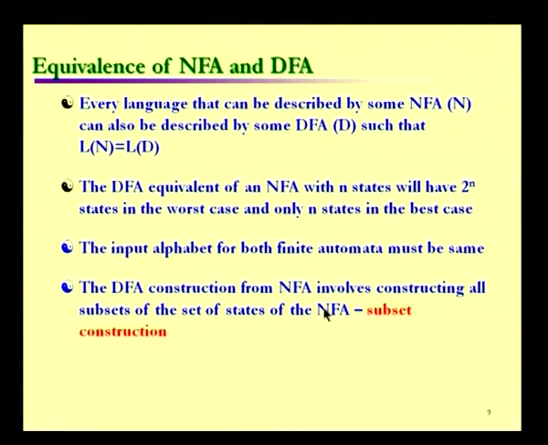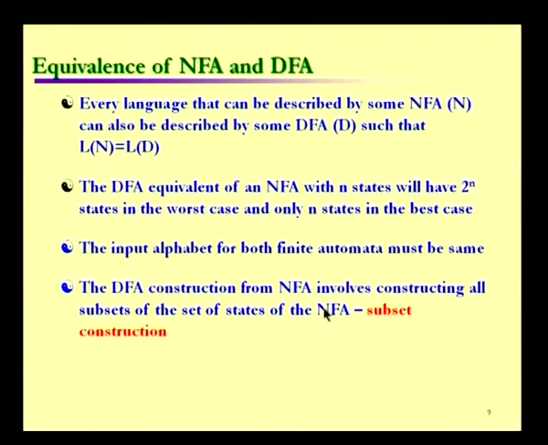Now we need to understand that the language recognition power of a non-deterministic finite automaton and a deterministic finite automaton are both going to be the same. Whatever set of strings is recognizable by a non-deterministic finite automaton will be recognizable by a deterministic finite automaton.